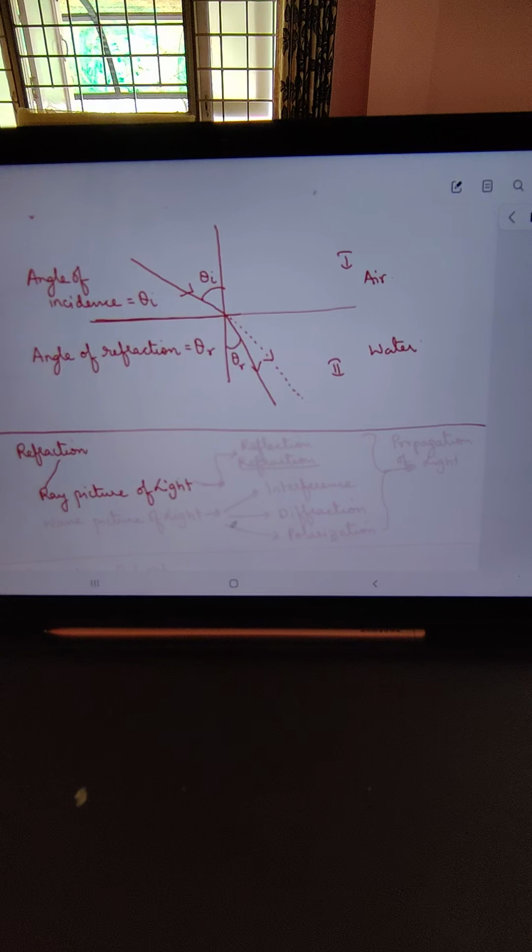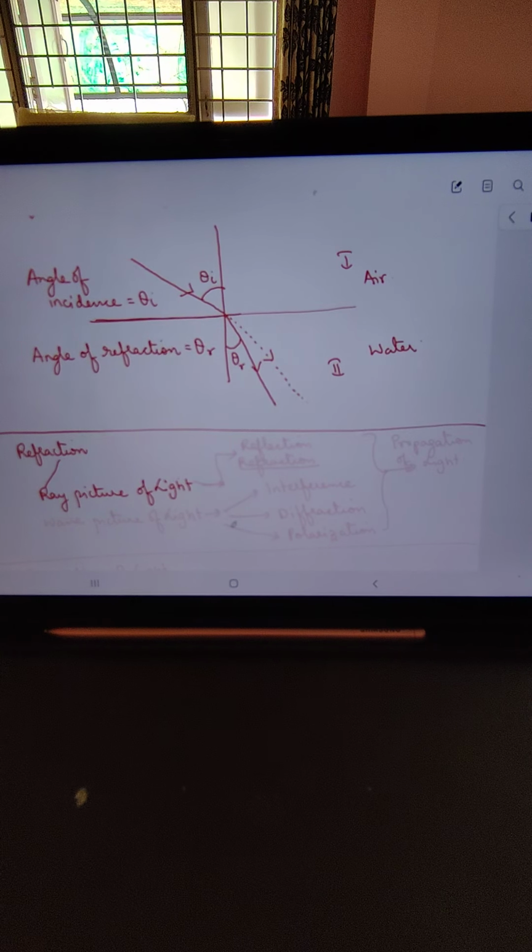So when we are trying to understand refraction at a very basic level, we just consider one ray. Although you never encounter a single ray in a practical example, to begin with, it is very good to just take a very simplistic picture, right?